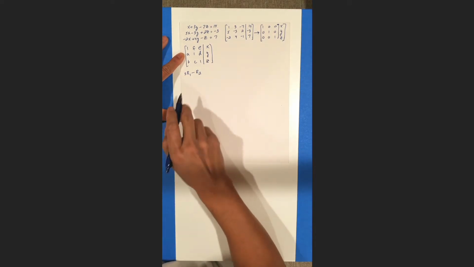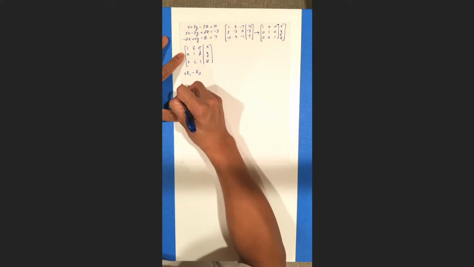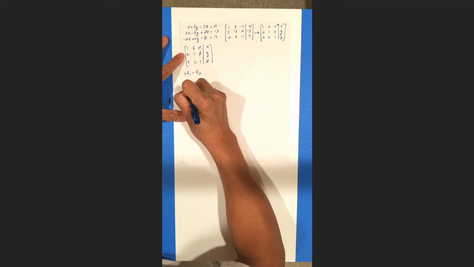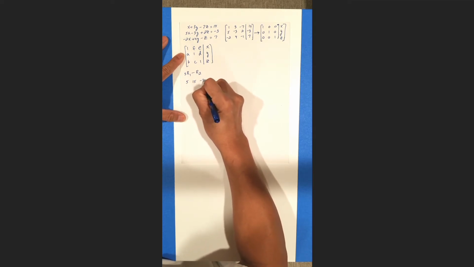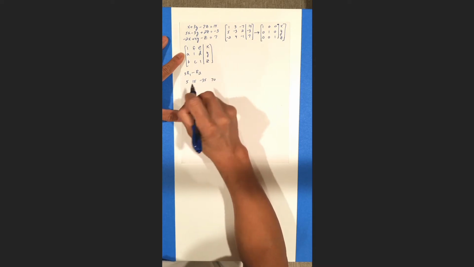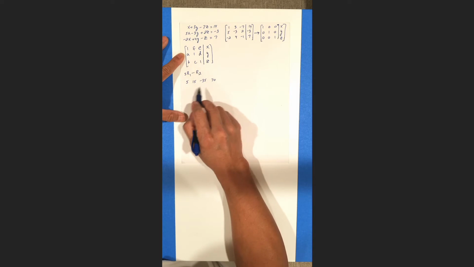So we're going to take row 1 multiplied by 5, and that's going to give us 5, 15, negative 35, 70. And then row 2.